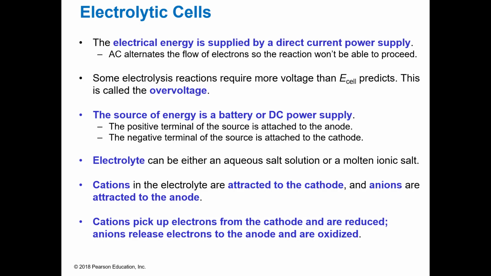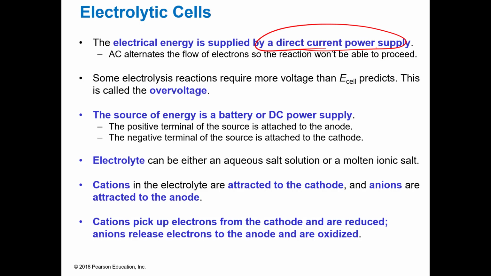We generally give the current to the process as DC, or a direct current power supply. With alternating current, the electrons are not flowing consistently, and so it doesn't allow that reaction to occur.